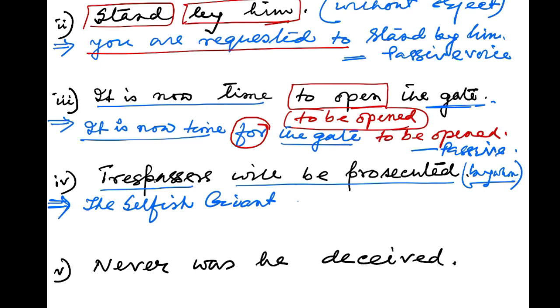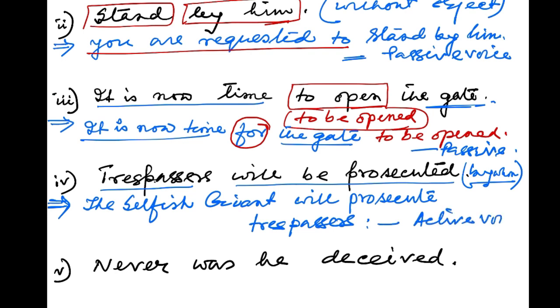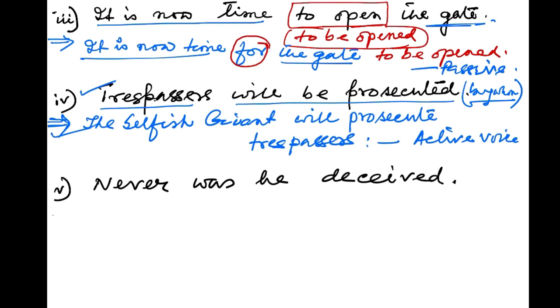The selfish giant will prosecute whom? Trespassers. The selfish giant will prosecute trespassers. This is an active voice, and that is a passive voice.